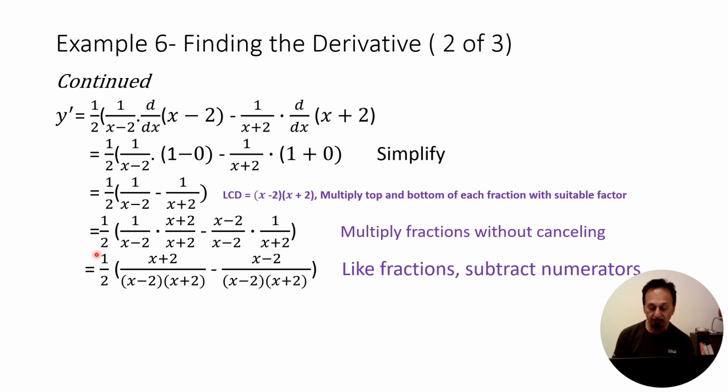Now we can copy the 1/2, multiply 1 times x plus 2 over x minus 2 times x plus 2. Similarly, x minus 2 times 1 is x minus 2 over x minus 2 times x plus 2. And now we have the like fractions, so we can subtract.